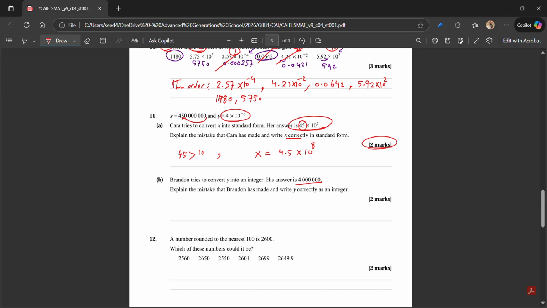Once the power is negative, it couldn't be 4 million. It has to be a decimal. So once the power is negative, we have to move the decimal point to the left side. So this is the mistake, guys. So I'm going to write it this way.